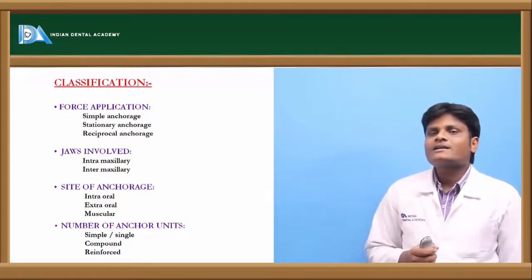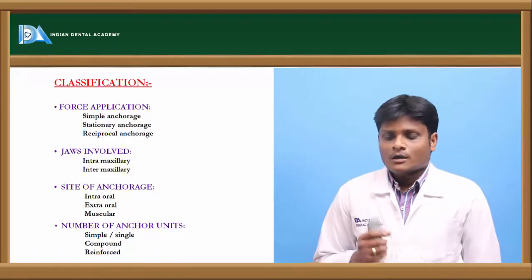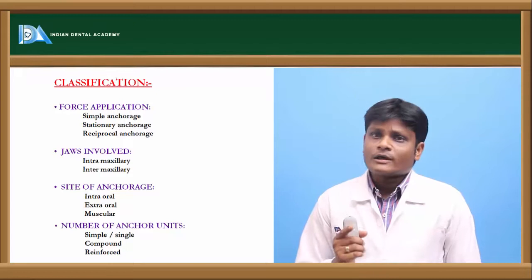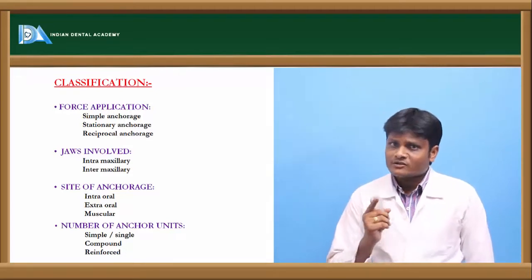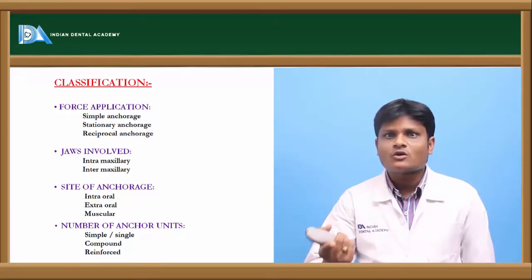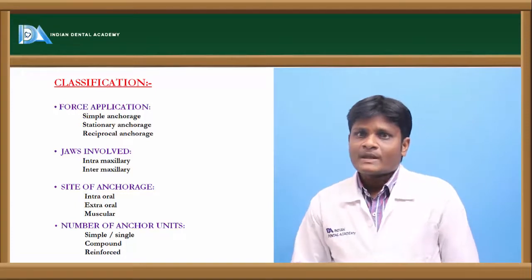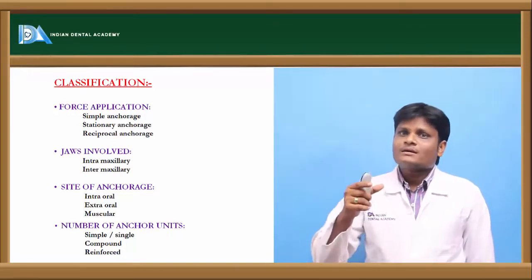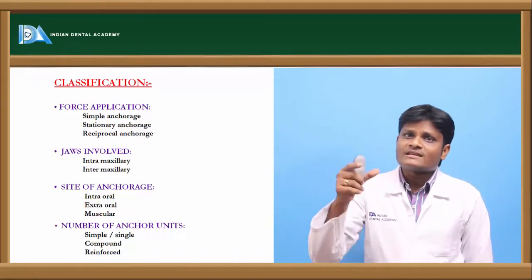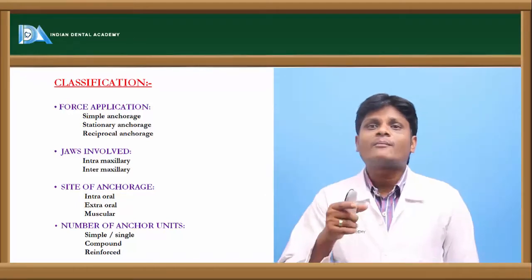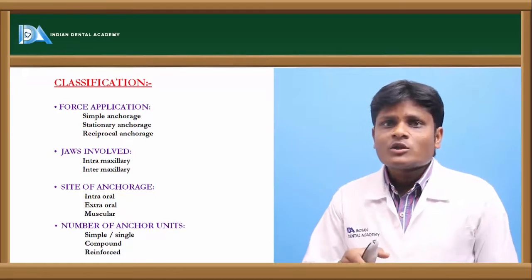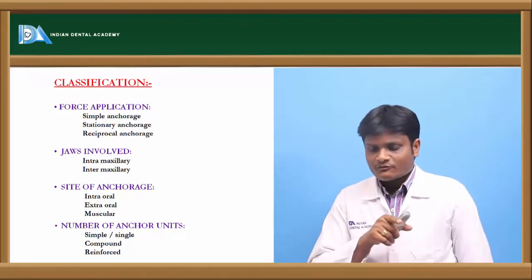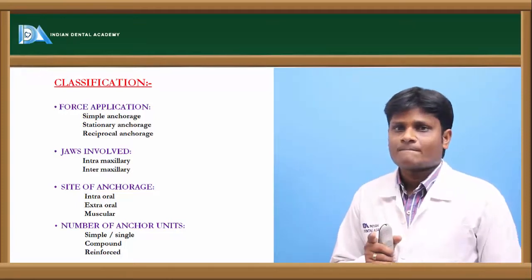Now what is intramaxillary anchorage? If we are using anchorage from a group of teeth in a particular arch, whether it be the maxillary arch or the mandibular arch, to move a tooth or a group of teeth within the same arch, then it is called intramaxillary anchorage. That means both the teeth that are moving as well as the anchorage teeth are present within the same arch.